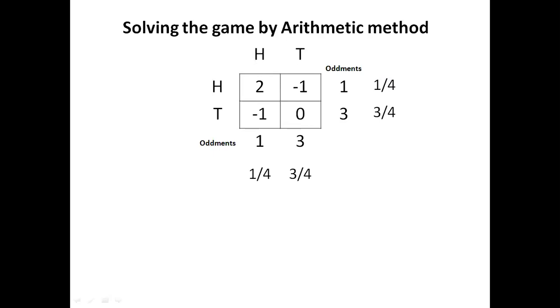So out of two, one strategy is played with a 25% frequency, and another one with 75% frequency or proportion. And similarly here also, 25% with the first and 75% with the second. Now I think it is clear that this is a mixture of two strategies that player A and player B are playing. But you need to find out with what proportion the two strategies are played by player A and player B. So this is finding the optimum strategy.